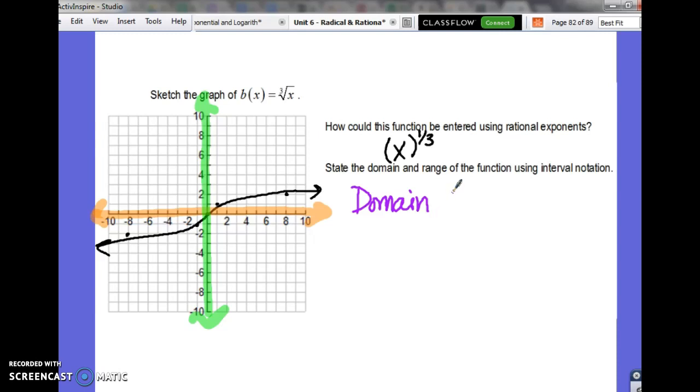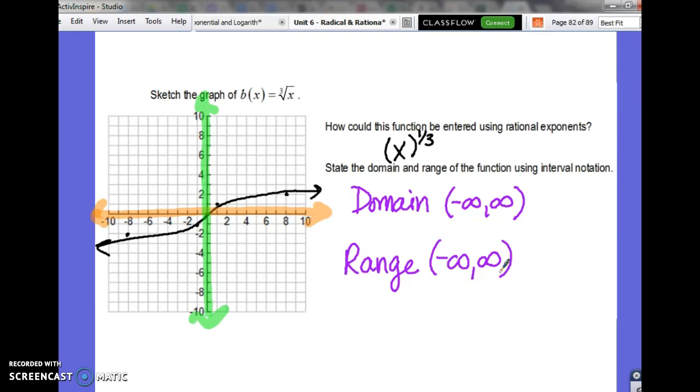In interval notation, we would go -infinity to +infinity. And then the range is very similar. Since that graph does go up and down forever, in interval notation, you're going from -infinity all the way down to +infinity all the way up. So that is what all real numbers looks like written in interval notation.